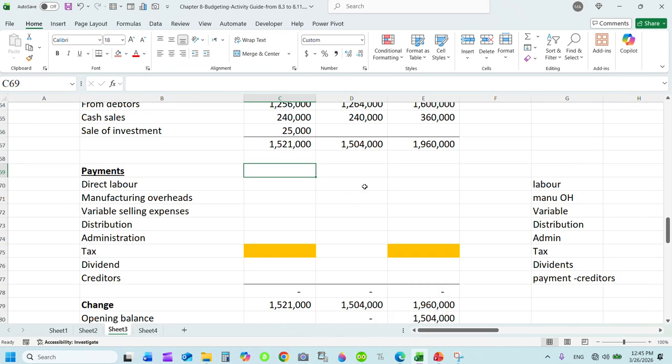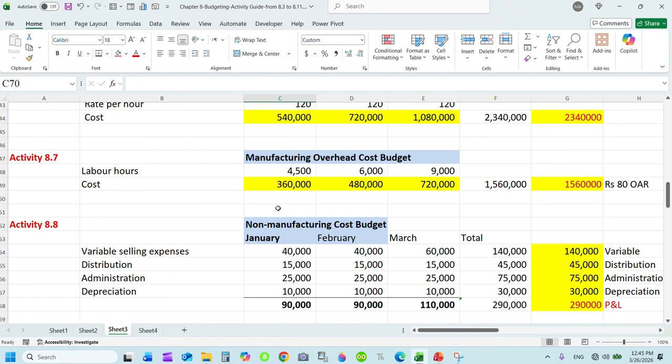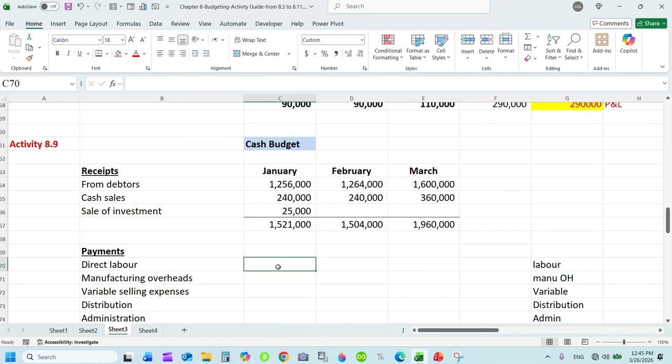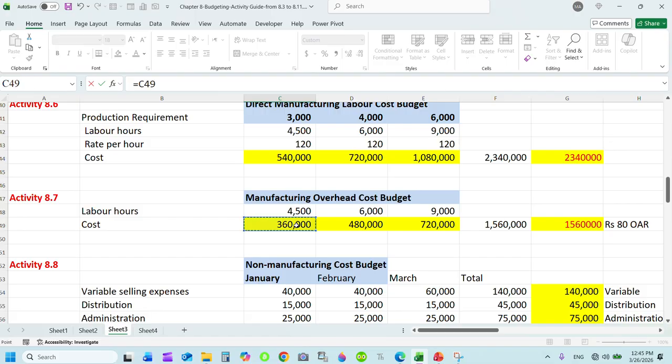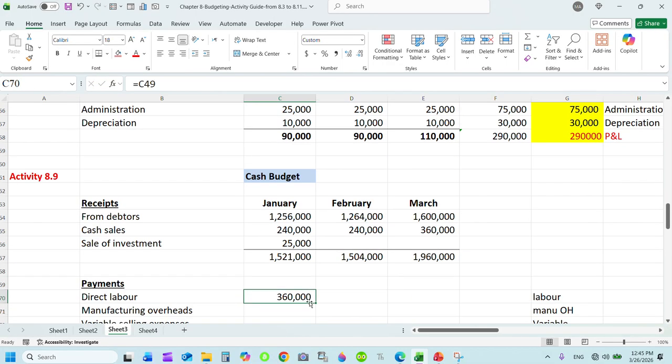One of the main payments is payment for direct labor. We have already prepared the direct labor cost budget. So, this is our direct labor cost budget. We need to pay it in the same month. We can't delay it. That means in the same month it is incurred. So the direct labor cost budget is this. We can pay it like this.